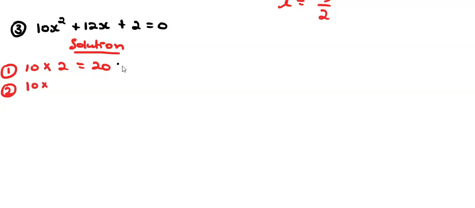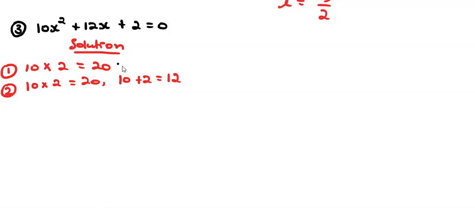10 times 2 is equal to 20, and 10 plus 2 is going to give us 12. So yes, guys, 10 and 2 are the factors that we're going to be working with, because those two numbers multiply to give us 20, but when we add them, we get the 12, which is the coefficient of the x term.